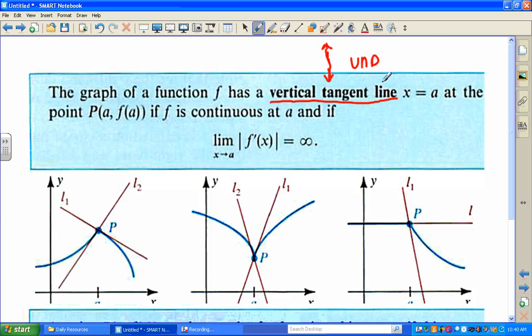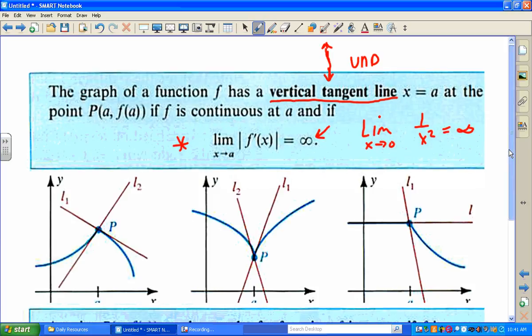So if you have something that has a vertical tangent line, this is the definition of it: the limit of the absolute value of the derivative as x approaches a equals infinity. We've had functions before where it equaled infinity. For instance, the limit as x approaches 0 of 1 over x squared equaled infinity. So if that was a derivative of something, that would be a vertical tangent line at x equals 0.